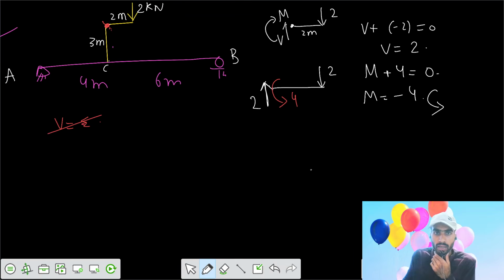So the same values are transferred in this bar, say ZC. For the ZC, the loading here was upwards, that means the loading here would be downwards too, and the moment here was anti-clockwise 4, here the moment has to be clockwise 4.